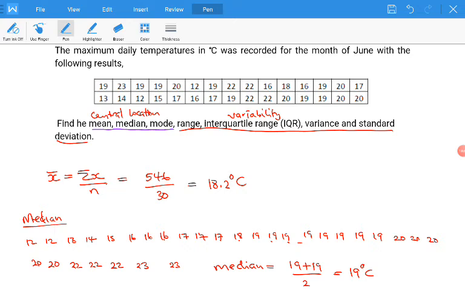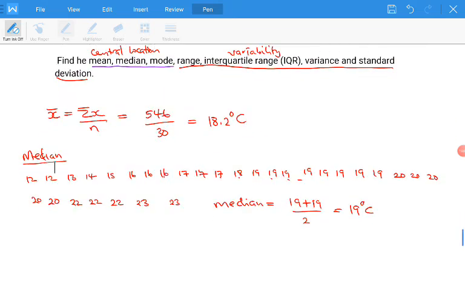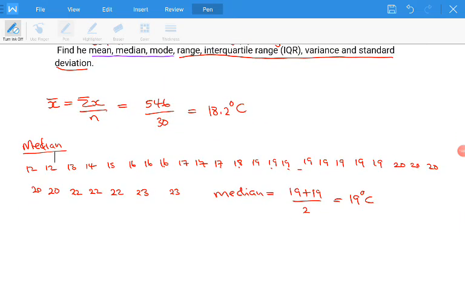So here the value of the median is 19 degrees Celsius. Also, the mode is equals to 19 degrees Celsius. Why? Because 19 is the most popular observation as it is appearing 8 times.